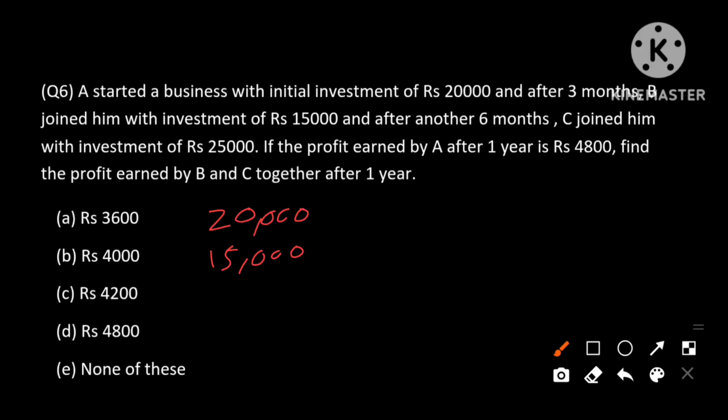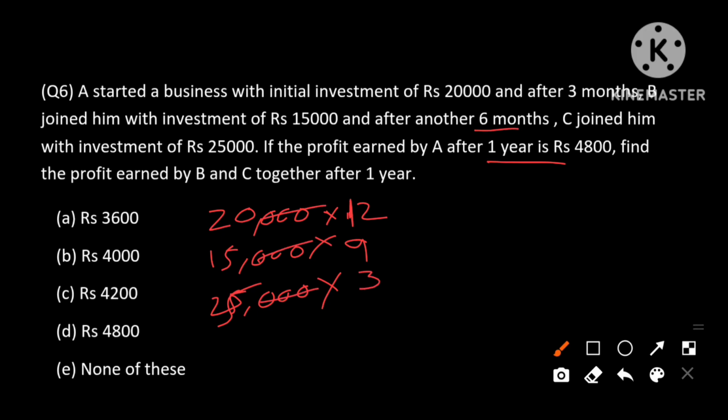Okay, and after another 6 months C joined with an investment of 25,000. So after a year the profit is given, so it must be 12 months. After 3 months means B worked for 9 months. After furthermore 6 months means C only worked for 3 months.